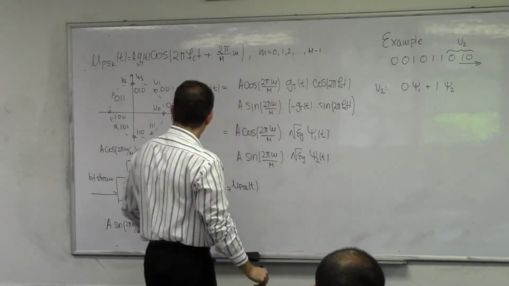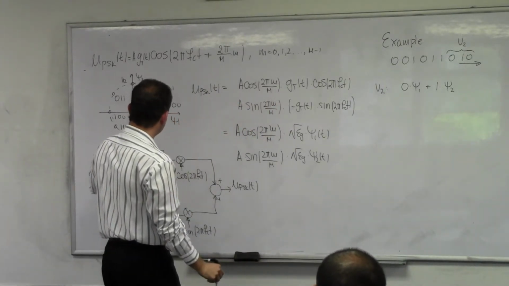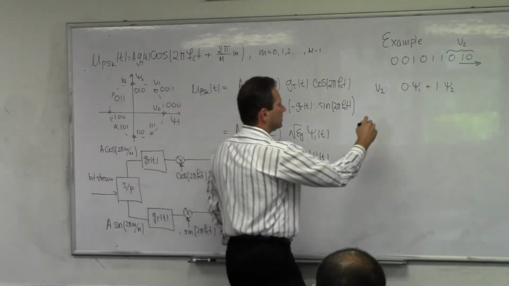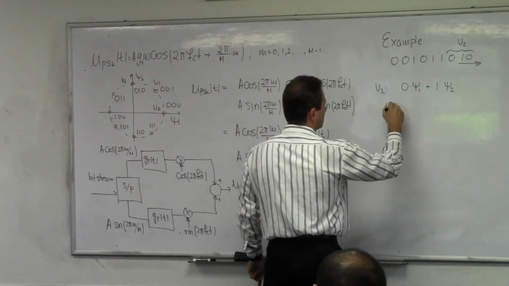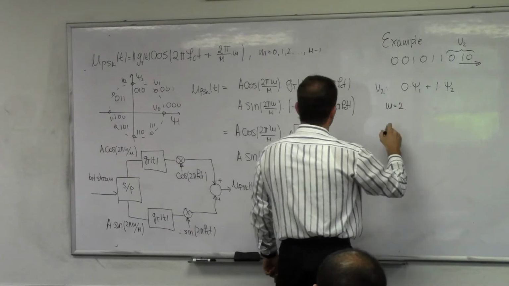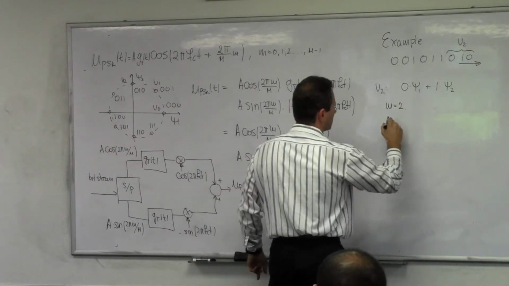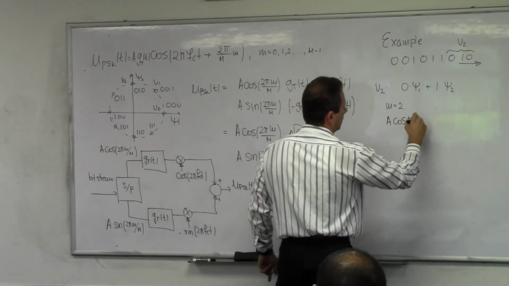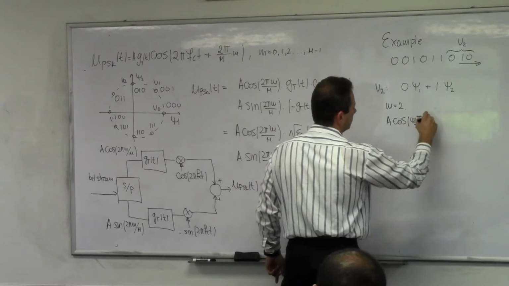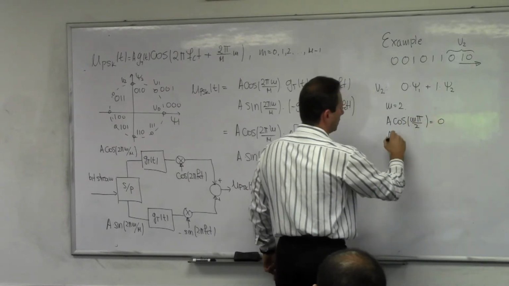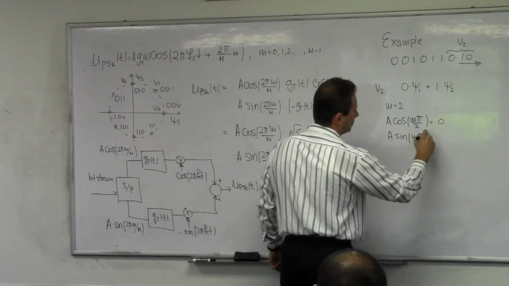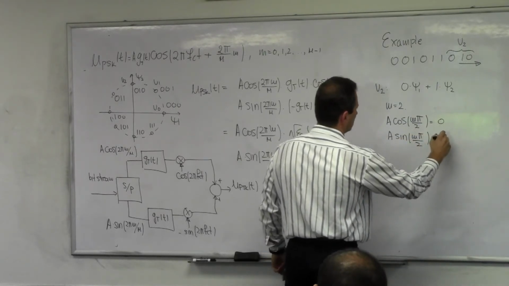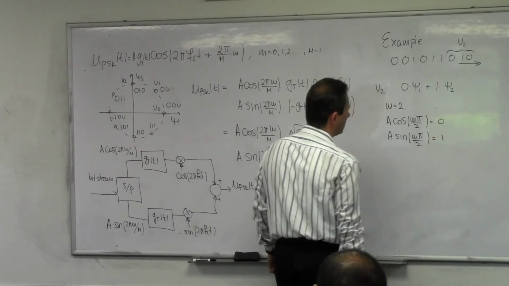So what I place on the upper branch, I'm going to select m equal to 2, and then cosine m pi over 2 becomes 0, and sine m pi over 2 becomes 1.